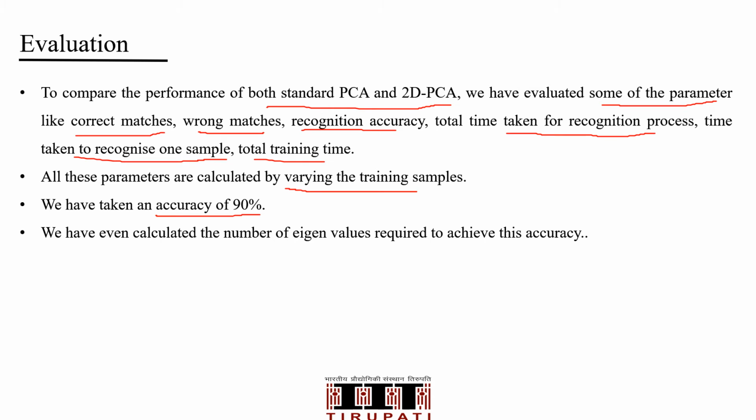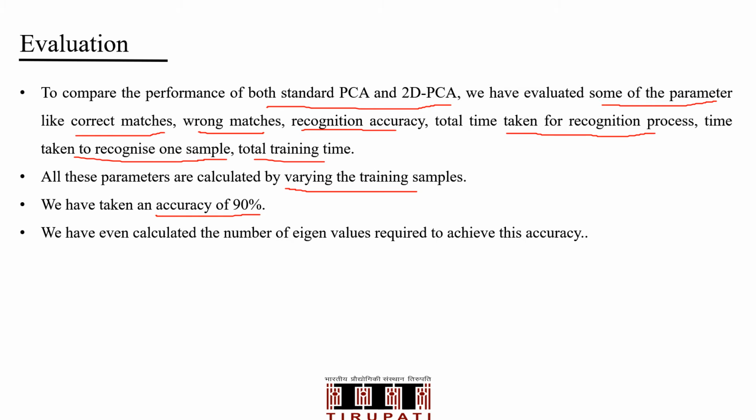Here, accuracy doesn't mean the accuracy of the algorithm, that is standard PCA and 2D PCA. Here, the accuracy means the image accuracy which is reconstructed from the feature vector. Let me make this clear. I think at the beginning you all know that features are extracted from an image.